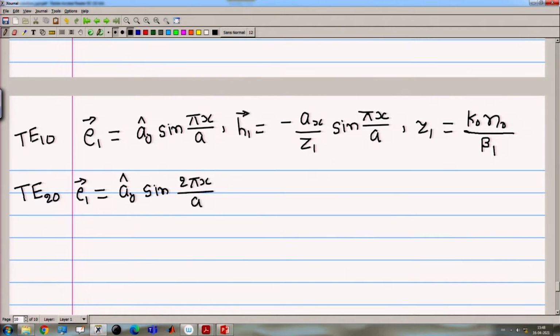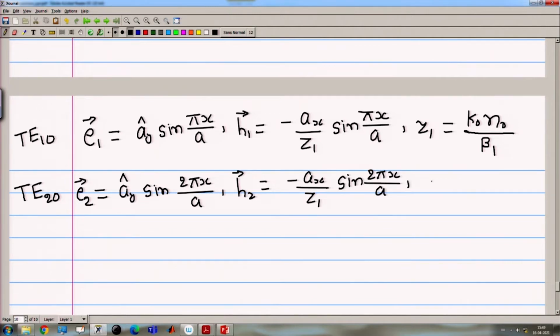H2 equals minus a_x upon Z2 sine of 2 pi x upon a.